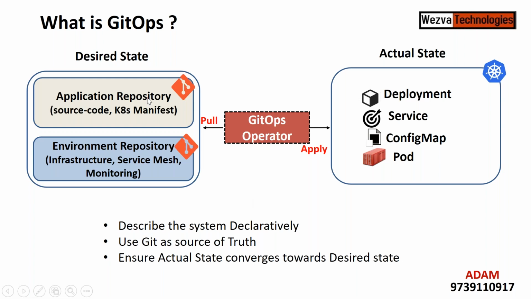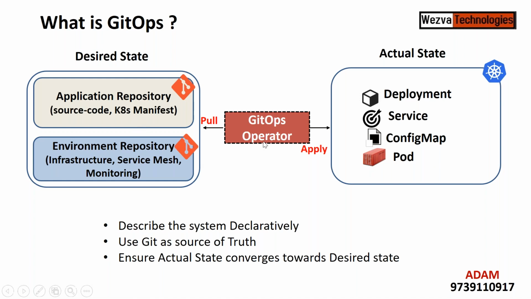So that way, if any one source of truth has been modified, automatically the operator will pull the details, match with your existing state or the actual state, and if it doesn't match, it will apply. So that way, you don't need anything separate, and this can be achieved for multiple pipelines also.